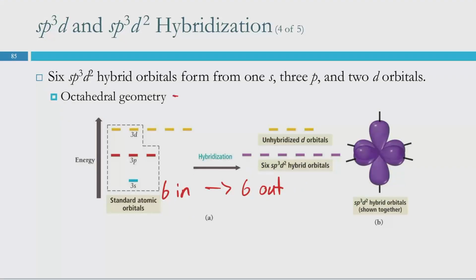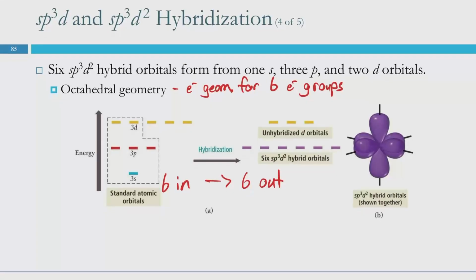And this has octahedral geometry, which is our electron geometry for 6 electron groups. So the geometry that our hybrid orbitals take is going to be the same as whatever our electron geometry would be, which is kind of nice.